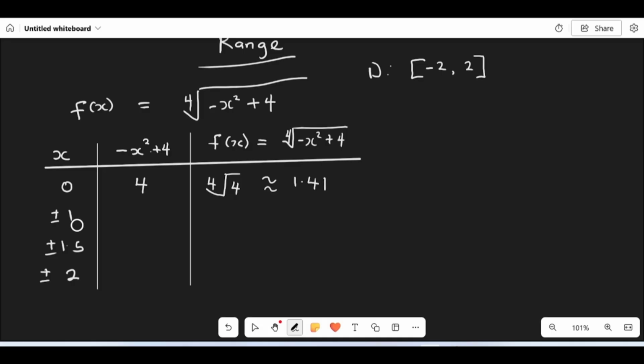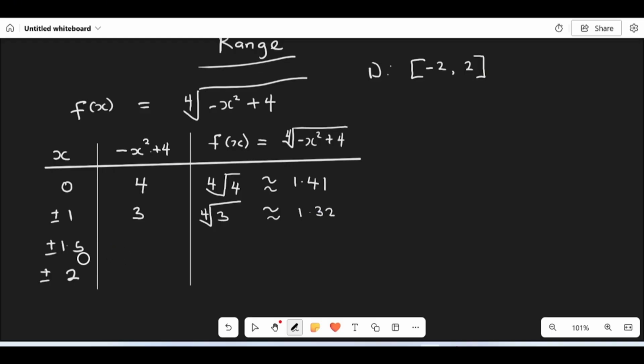And if we insert plus or minus 1 into this expression, we are going to have 3, and the fourth root of 3 is approximately 1.32.